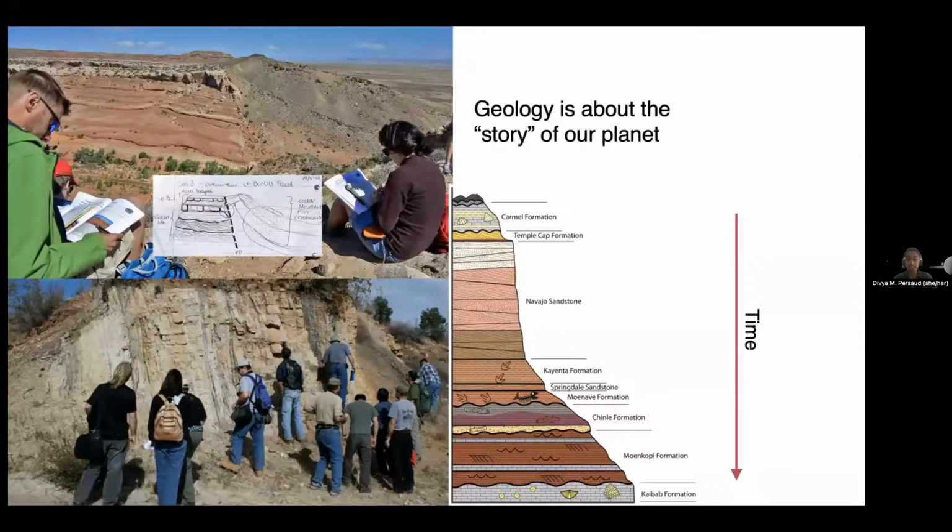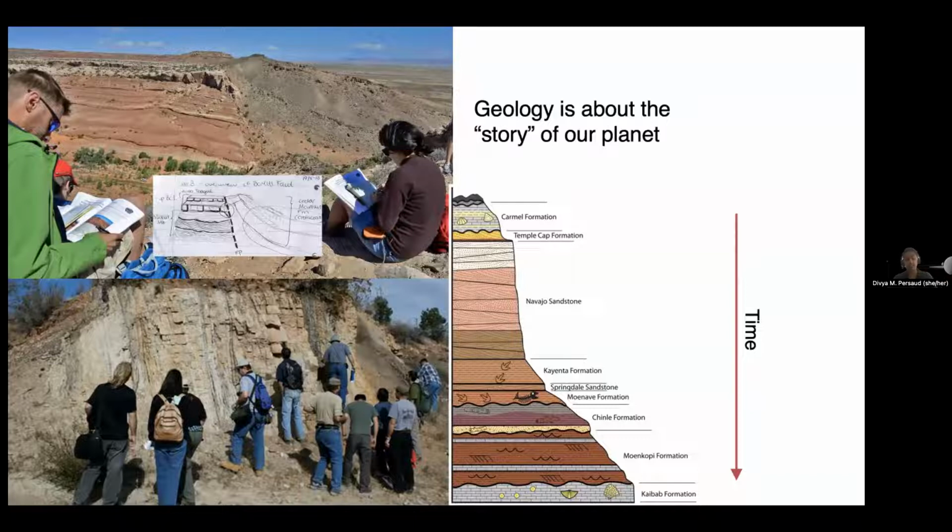So my background is geology, and the work that I do is a whole mix of things, but informed by planetary geology. And we can understand geology as investigating the story of a planet. Historically, that's meant our planet. And so I just have a couple photos on the left showing what geologists do in the field. We go out, we look at outcrops, meaning rocks exposed, and we take measurements, we draw, and we try to reconstruct that story.